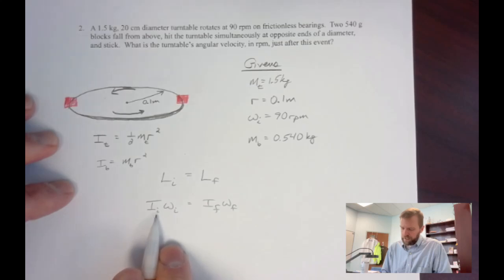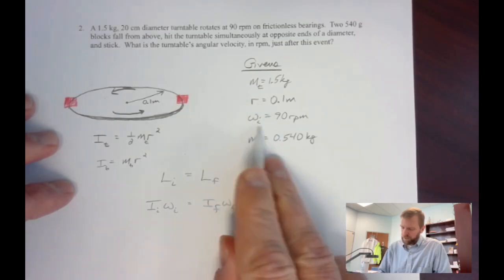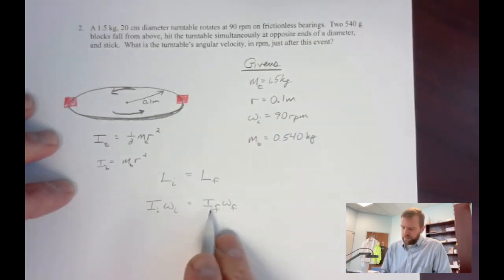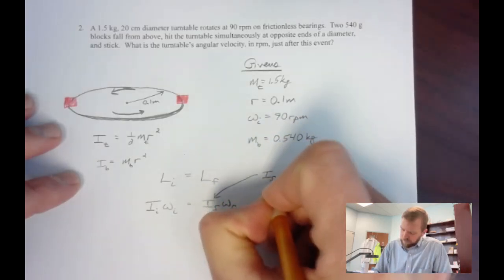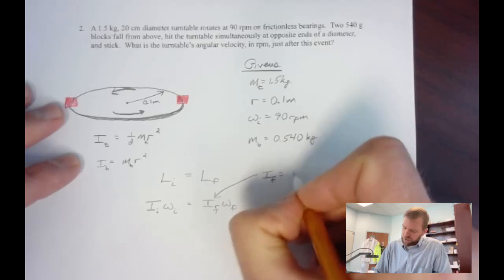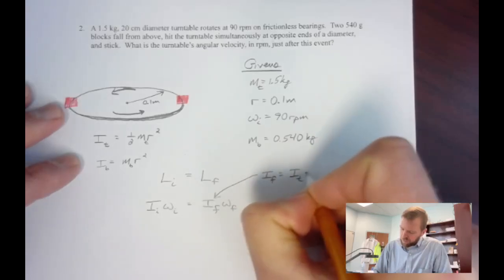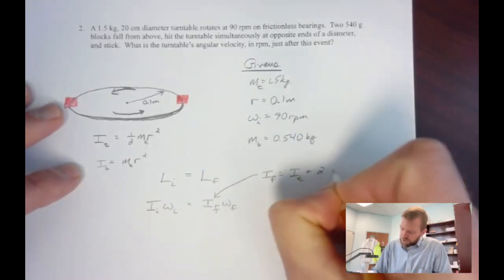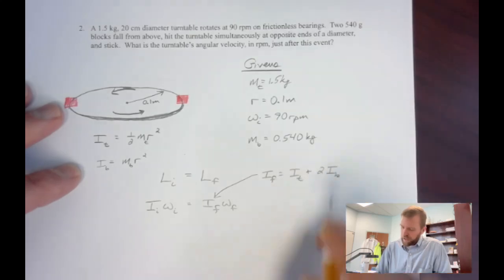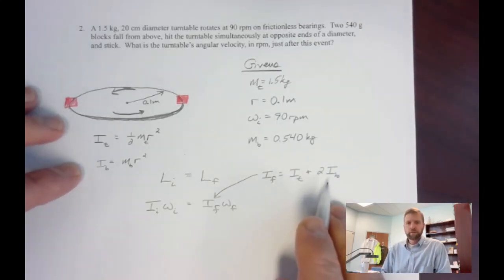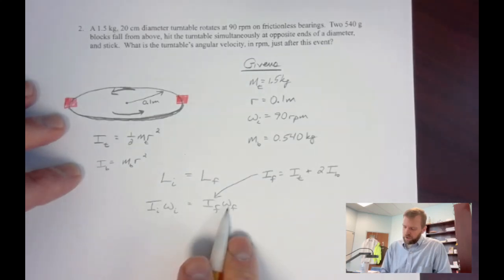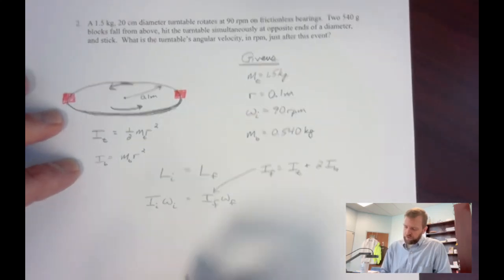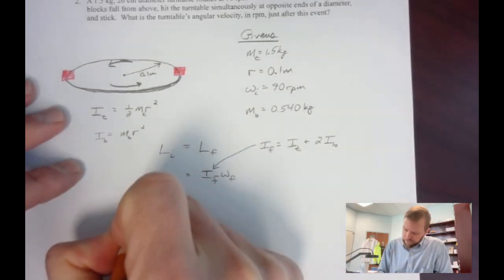So this is I_T, that's omega I, which is right here, 90 RPMs. And the final I final is the combination of the turntable and two of the blocks, because there's two of them that are dropped. So we can solve this equation for the final angular momentum.